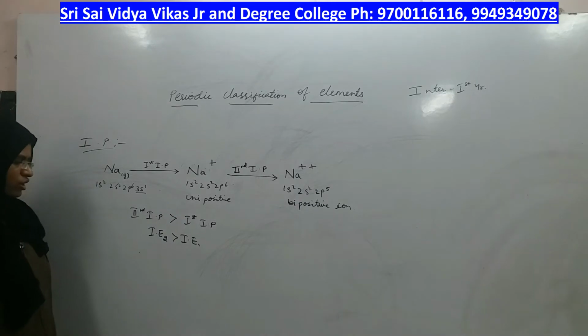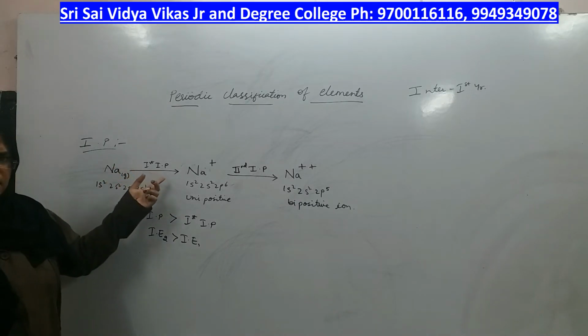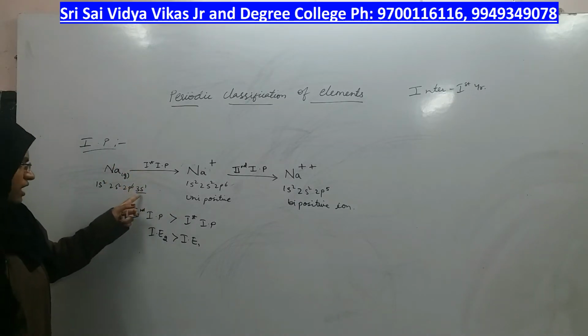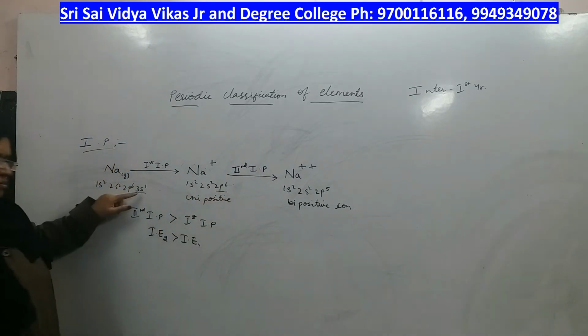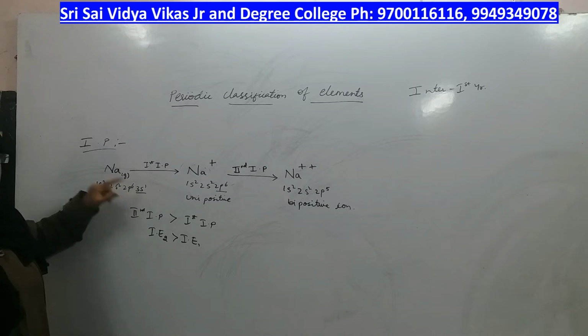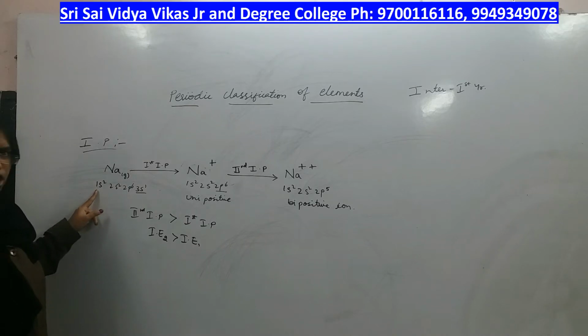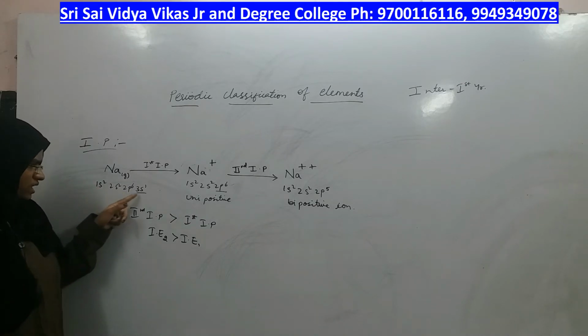Why? Because you can see clearly that the electron removed the first time is present in which shell? The third shell, right? If you are removing an electron from the third shell, is it near to the nucleus or far away from the nucleus? There are a total of 3 shells: first shell, second shell and third shell.